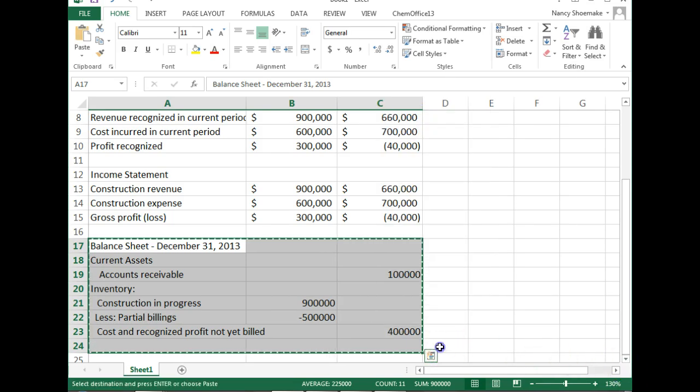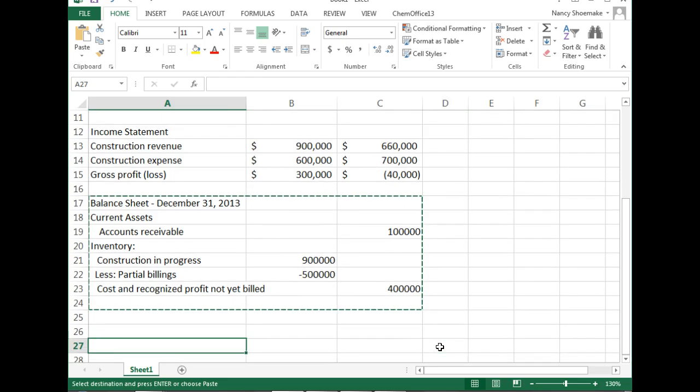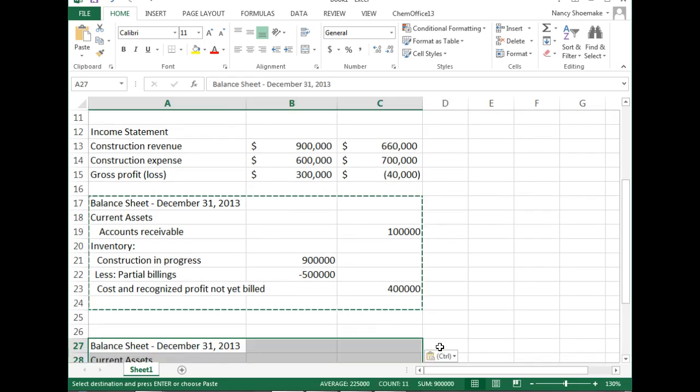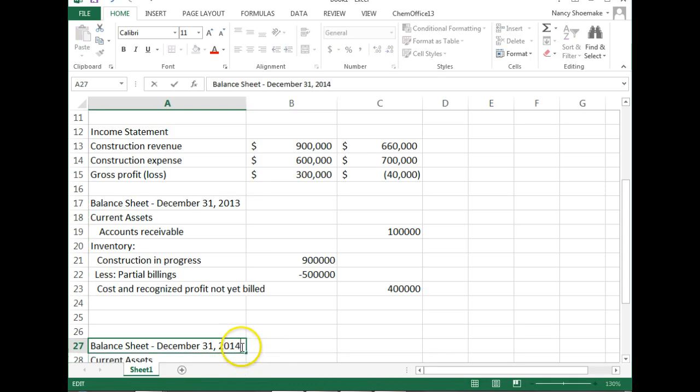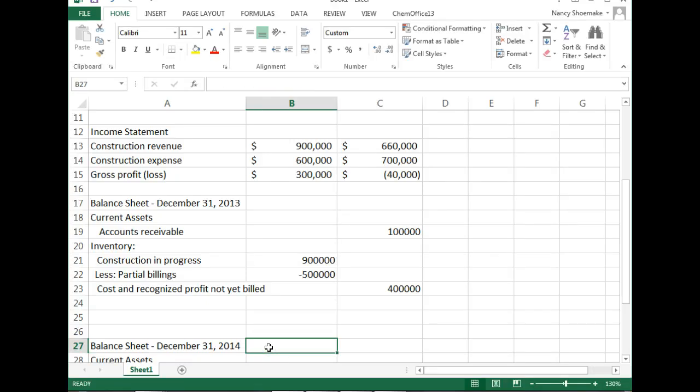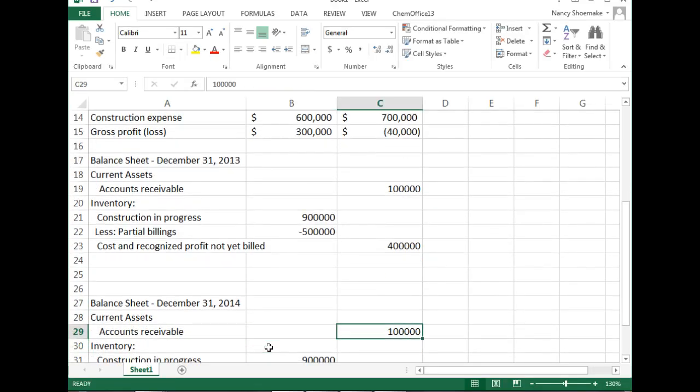Now, if I take the same information and do it again for 2014, our accounts receivable for 2014: billings during the year 850, collections 800.